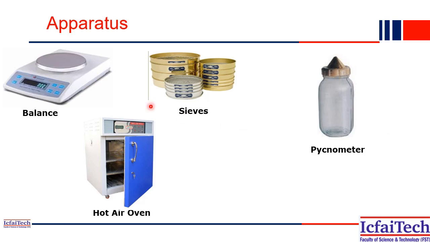Here we use the hot air oven extensively to find the water absorption. The sieve is required because we will only be using aggregate of size less than 10 mm, and we also need the balance.